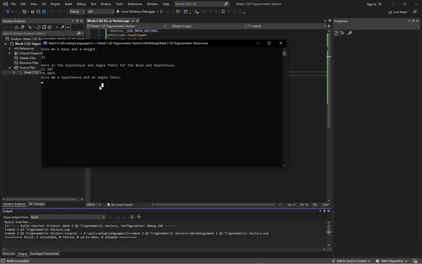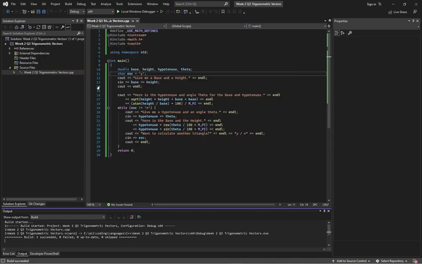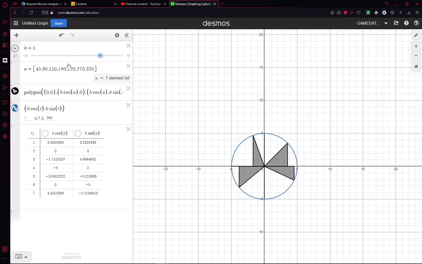Now to complete this objective, we have to do a bunch of different angles, which I have calculated right here, and this is our expected results. So I'm going to plug those in real quick.